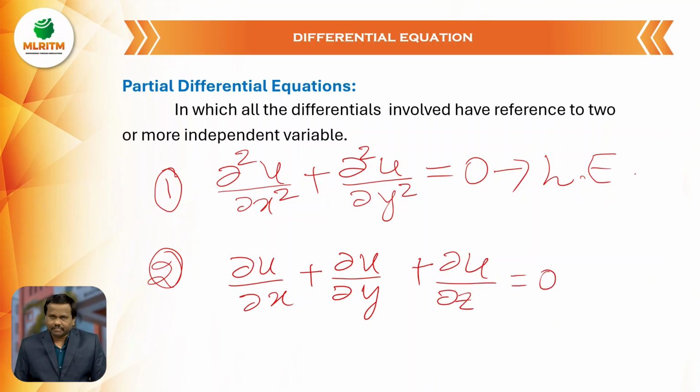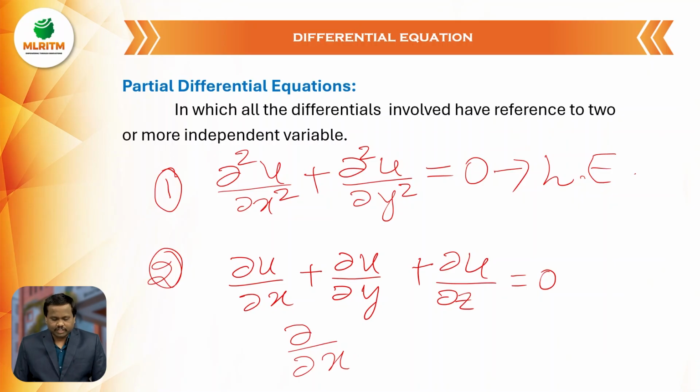Here u is the dependent variable, whereas x, y, z are independent variables. So based on independent variables, we can classify partial differential equations. The notation for a partial differential equation is ∂/∂x.